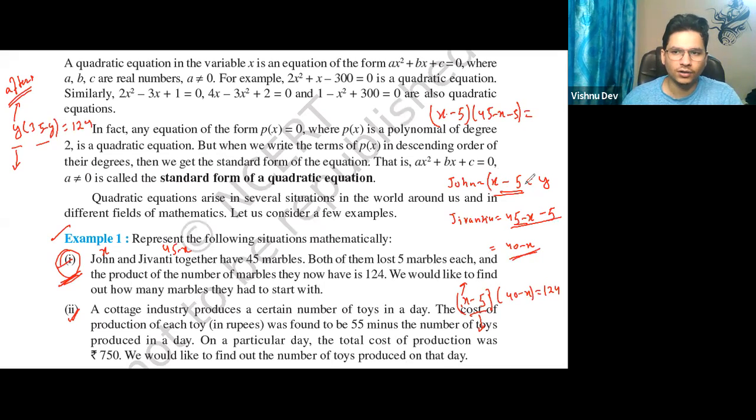So the product of these two is 120. That's it. Okay, right? Got it? Okay, Ragini, okay. So for this question, it will be x into x minus 55 is equal to 750.